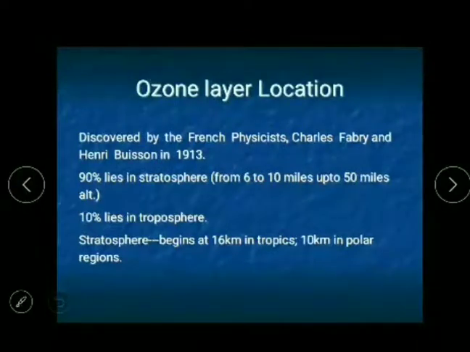Let's know the location of ozone layer. Ozone layer was discovered by the French physicists Charles Fabry and Henry Buisson in 1913 CE. About 90% of ozone lies in stratosphere, which is from 6 to 10 miles up to 50 miles altitude.